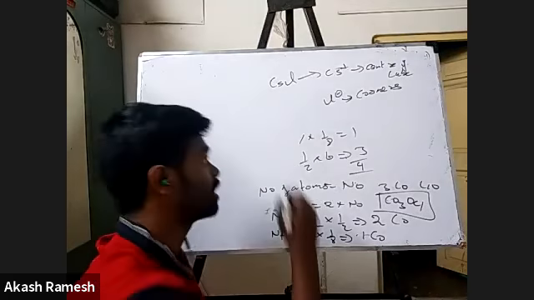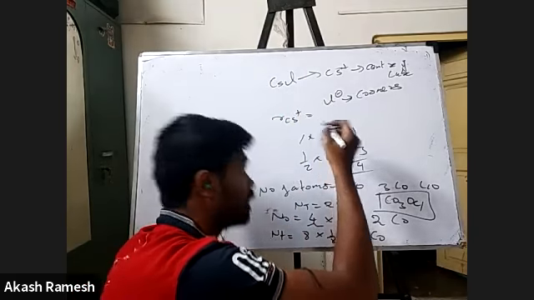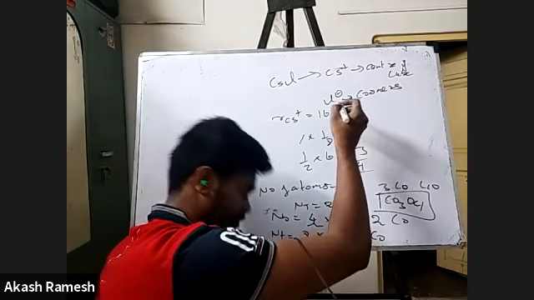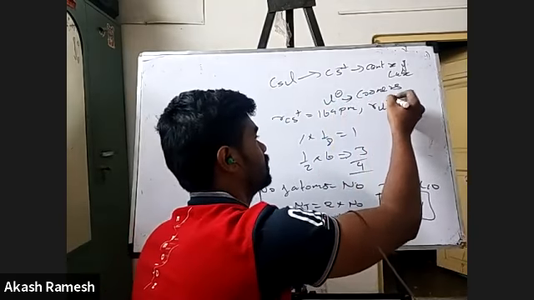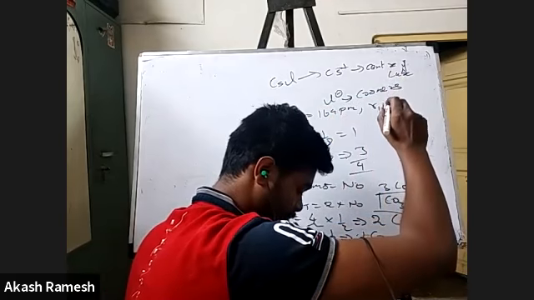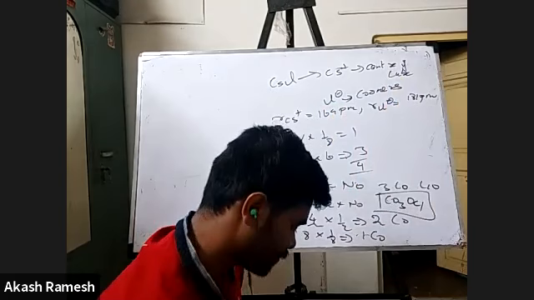Okay, next thing is they have given the radius of cesium plus ion is 169 picometers, and that of Cl- ion is 181 picometer.